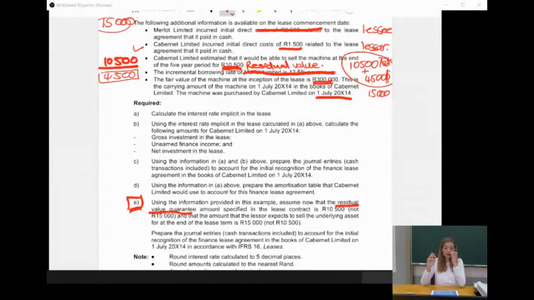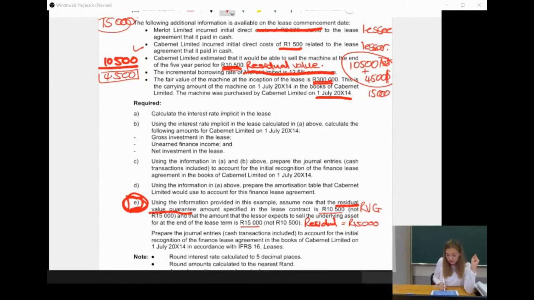So we're just switching those amounts around. So now we have a residual value guarantee of 10,500, and we have a residual value of 15,000. The reason why we have this little adjustment is just to make sure that you understand the difference when there's an unguaranteed residual value.